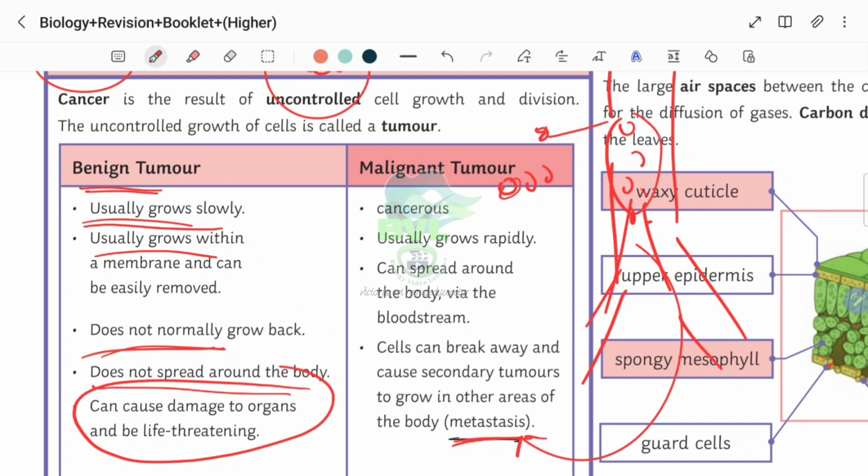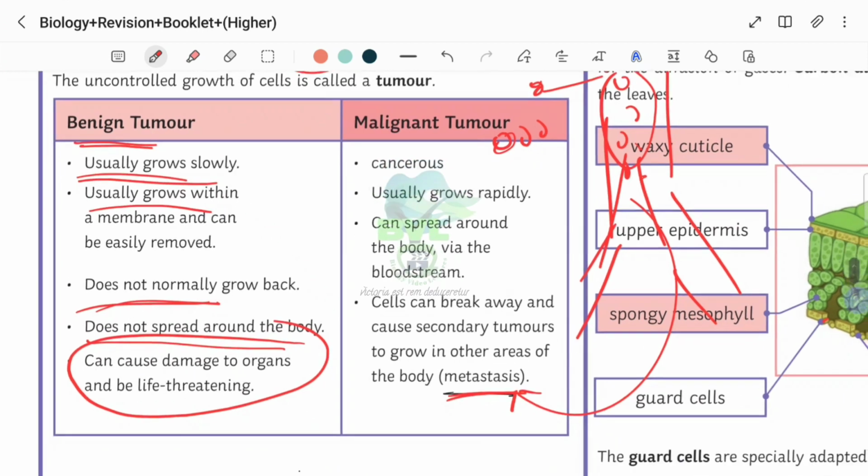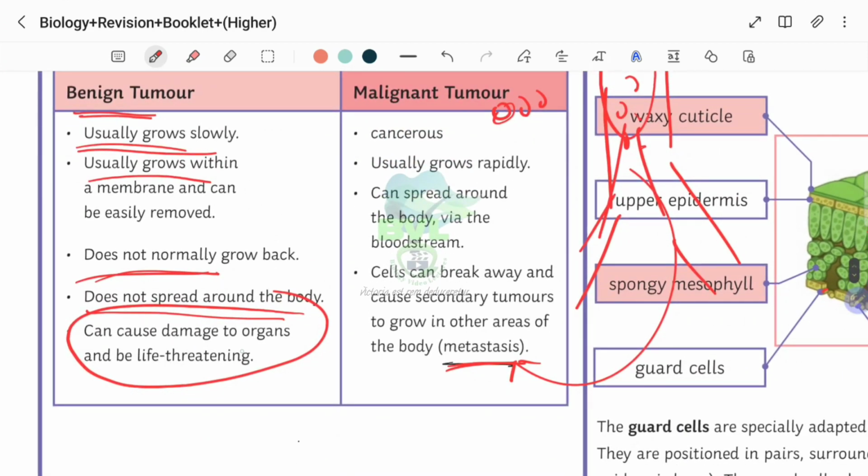But the truth is that they will end up affecting the organ where they are found. But if they are found in, say, the brain, or in the lungs, they can easily affect the person.